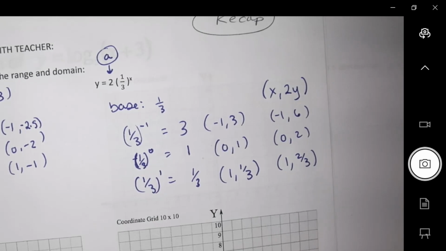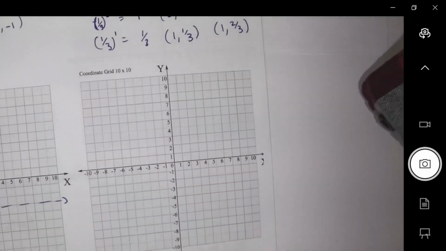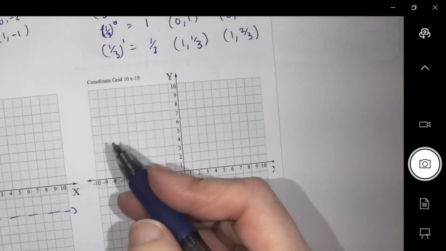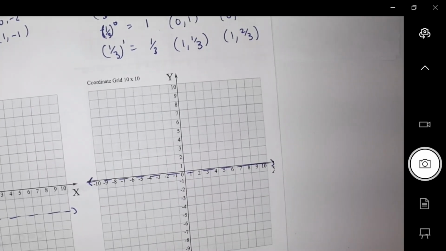Before you graph the points, do you know where your asymptote will be? It's going to still be at 0. It didn't move. The only way to move that is up or down.